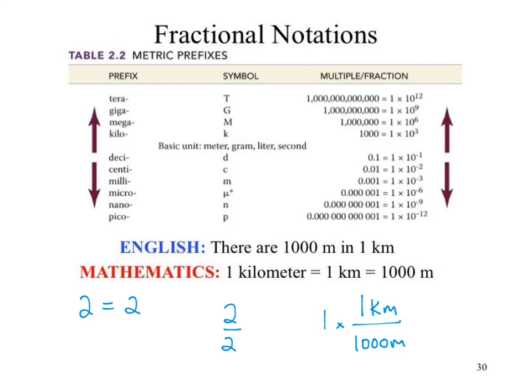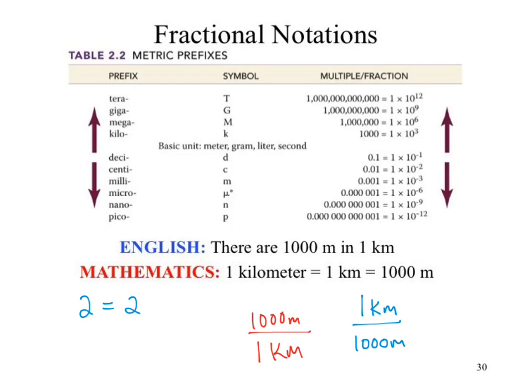Okay. How about this option? Why not? Yeah. Okay. Instead of being 2 over 2, it's 2 over 2. We get the same answer. It's still 1. This notation is what we were getting at with that grams per milliliter or grams per liter that we had earlier on, right?